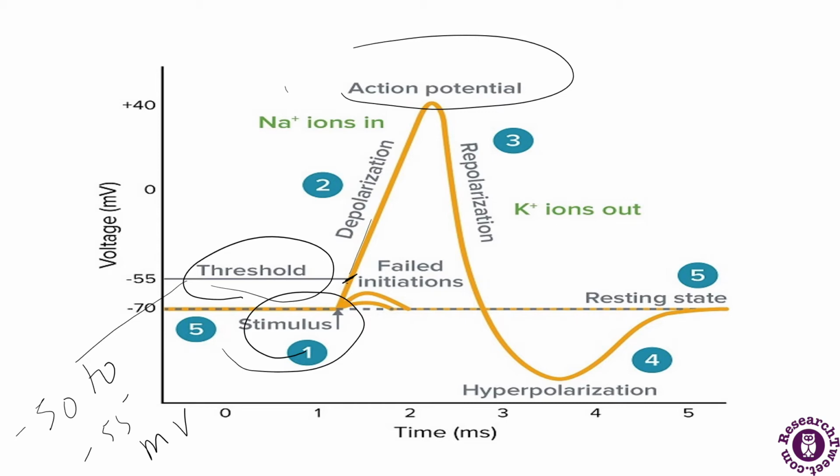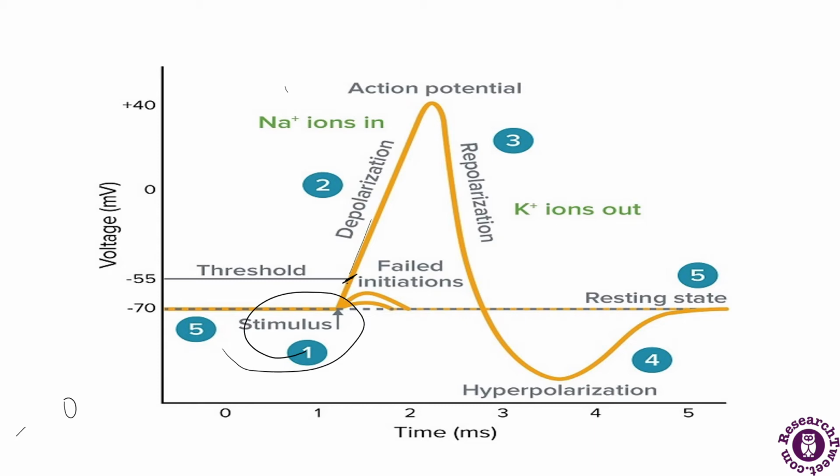In the case of depolarization, the threshold potential opens the gate of the sodium ion channels. You can see there are sodium ion channels. It opens the gate for sodium ion channels and causes a large influx of sodium ions.